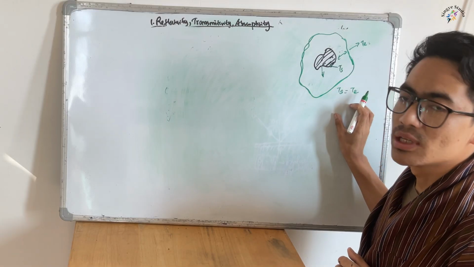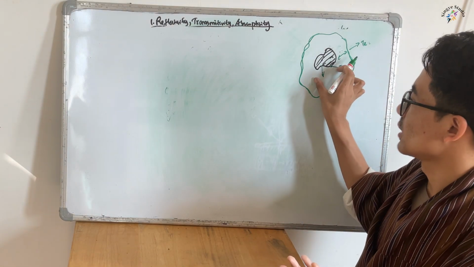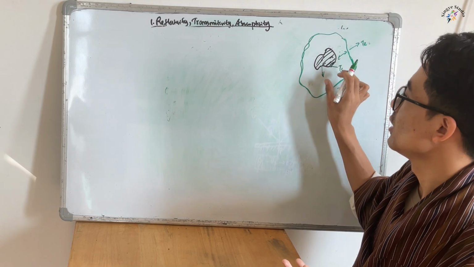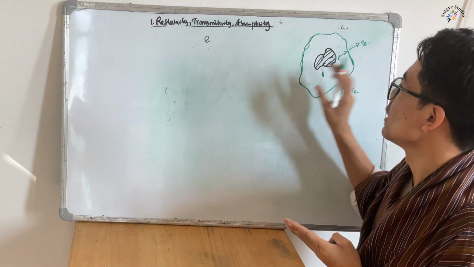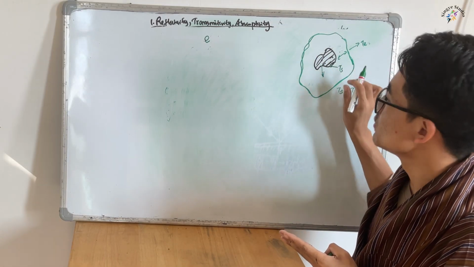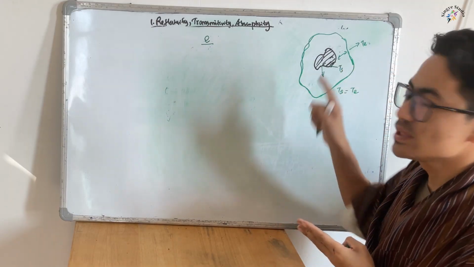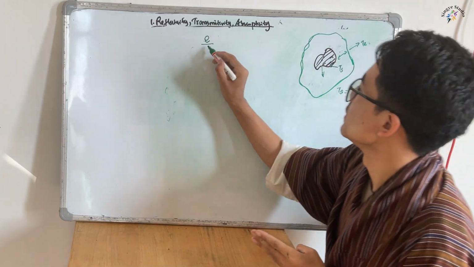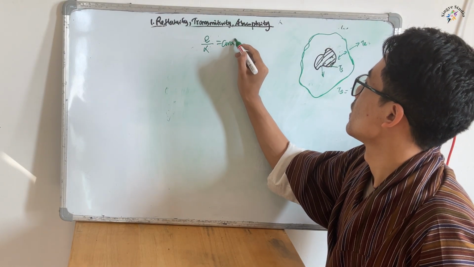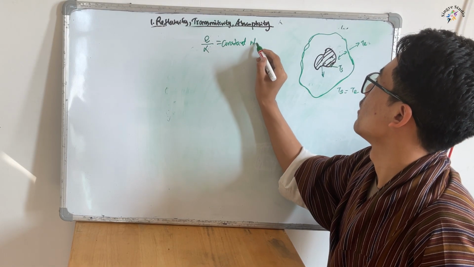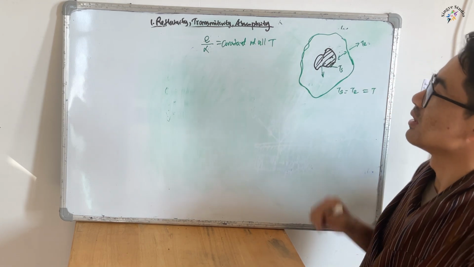If this is in thermal equilibrium, then my total hemispherical emissive power of the body, which I'm saying is E, which is radiation originating from the body by virtue of temperature Ts, divided by the absorptivity of the body itself, is constant at all T. So this T means this T because they are equal, right?